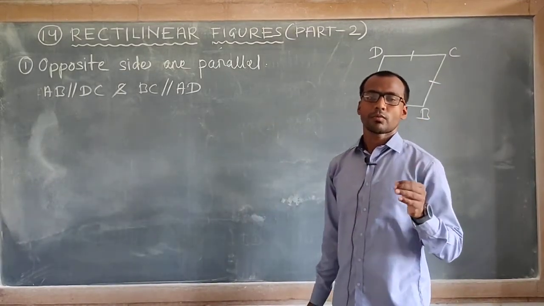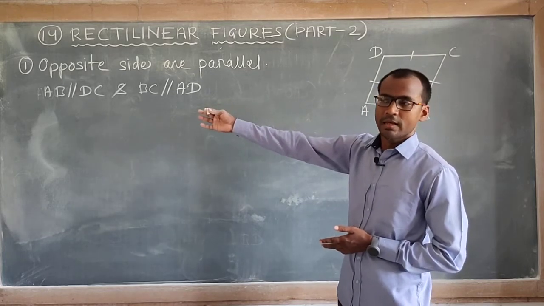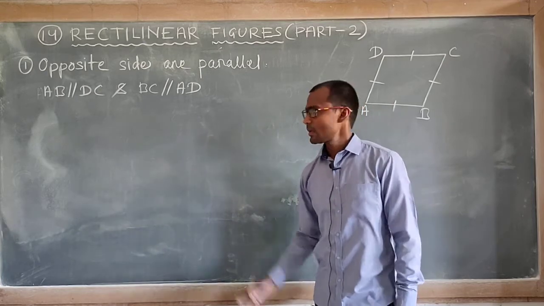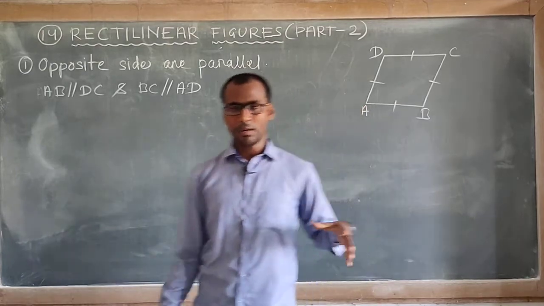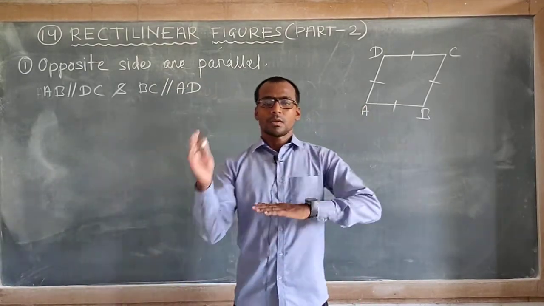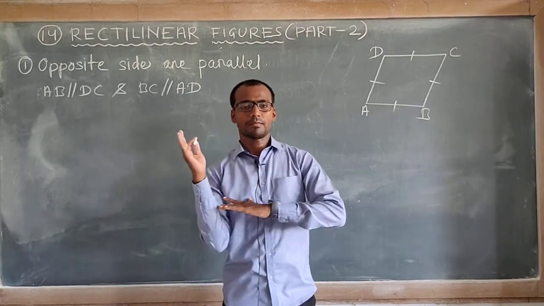Now what is a parallelogram? It is a quadrilateral in which opposite sides are parallel. Here also both pairs of sides are parallel. That means we can say that a rhombus is a special type of parallelogram. In fact, a parallelogram is bent. As you can see, a rhombus is also bent.